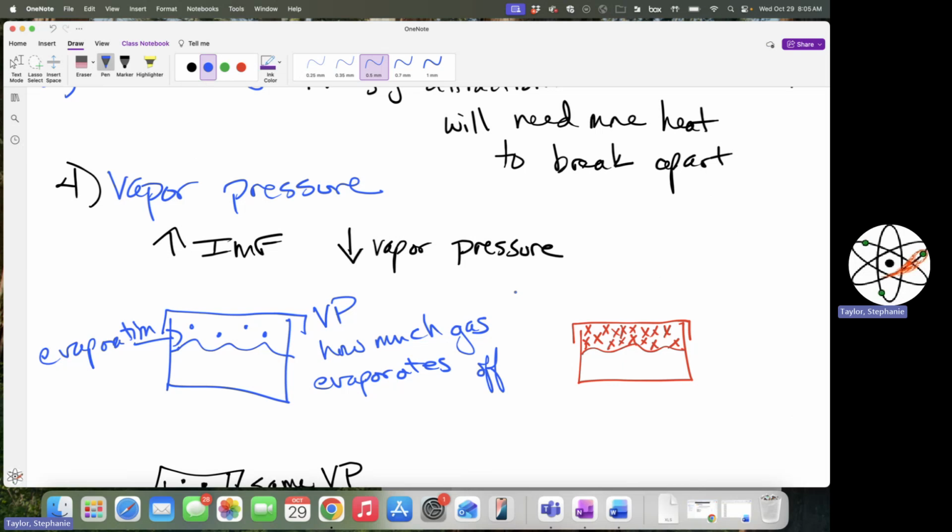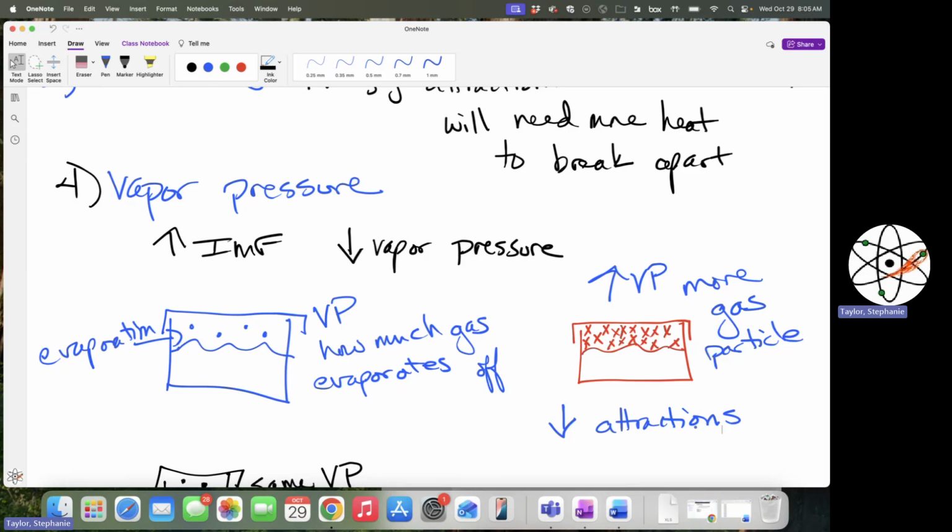So in that case, the higher the vapor pressure, the more gas particles you get. But if you're looking for a higher vapor pressure, you actually need lower attractions, because the real reason you would get gas particles is that the attractions between the molecules are weak.